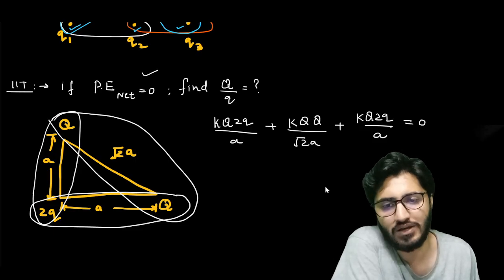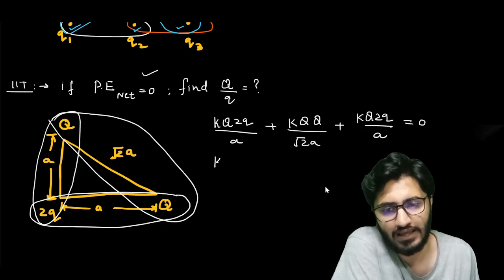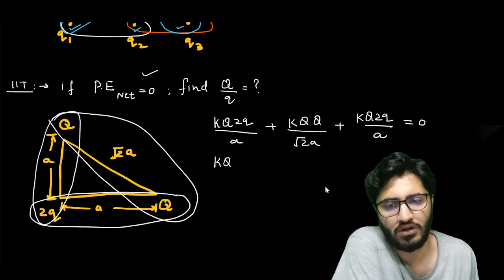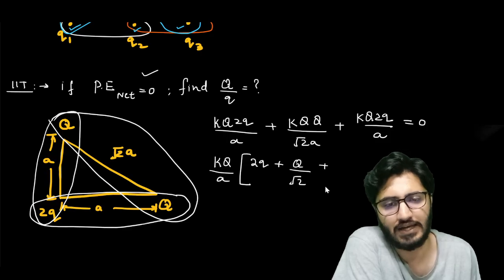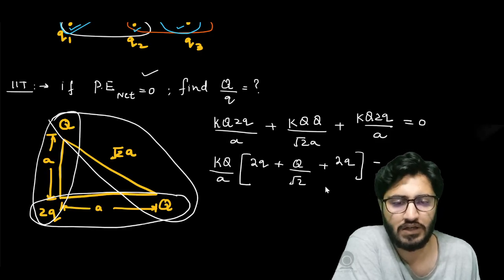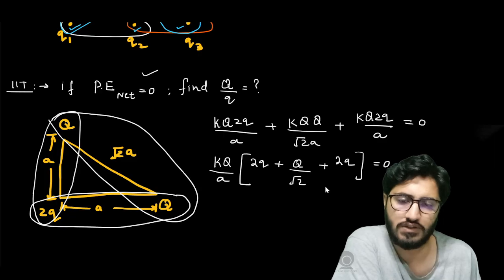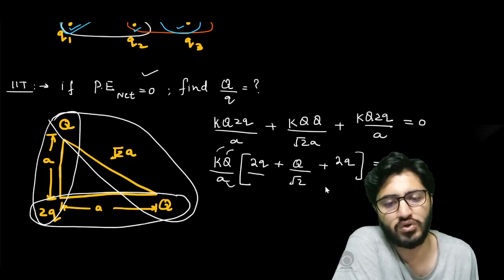Okay, look now. I will take K q common, divided by A common. So what do I have now? K q by A times: 2Q plus q divided by root 2 plus 2Q equals 0. This one I will take to the right side, so it will become 0. 2Q plus 2Q is 4Q.